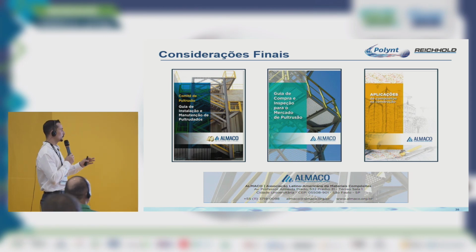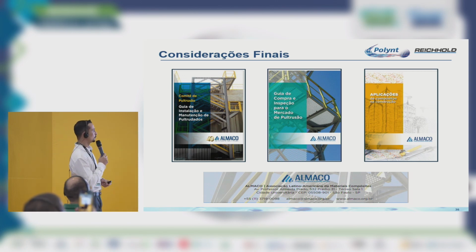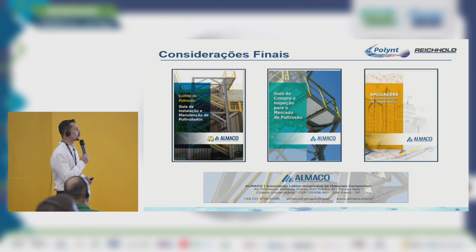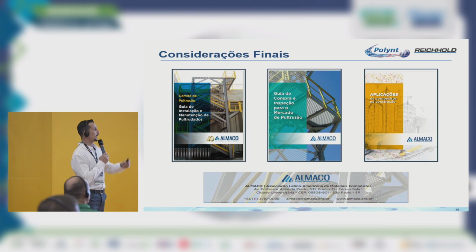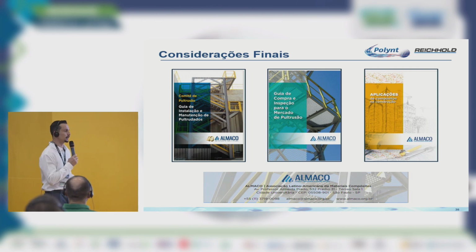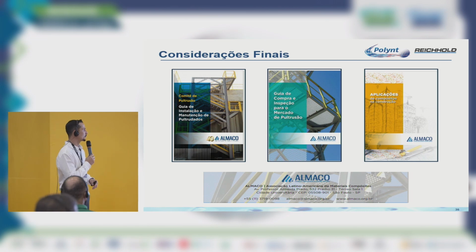So we have the manual on the guide to installation maintenance of pultruded structures, the purchasing and inspection guide for the pultrusion market, and recently we took part in a manual on applications of composites in building and construction. These are available on the Almaco platform, which is the Latin American Committee for Composites.